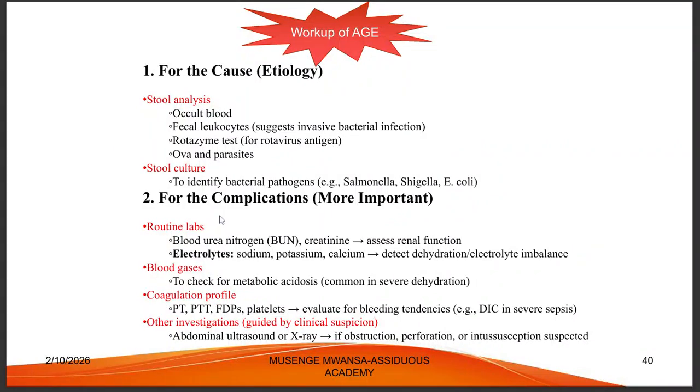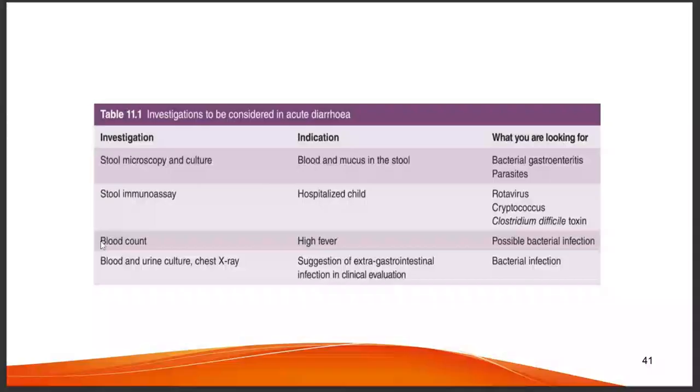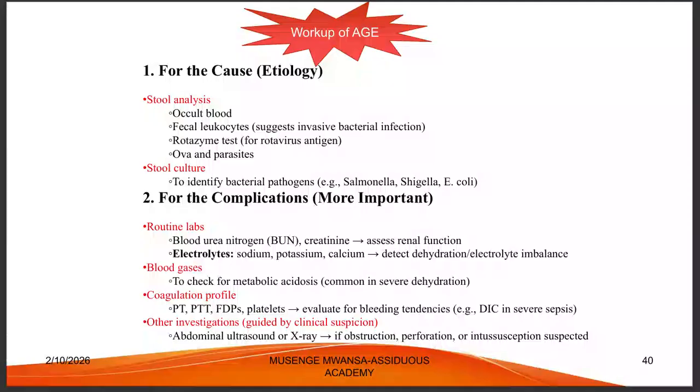For the workup investigations that you do in someone that has got acute gastroenteritis, to find out the cause, you can do a stool analysis. You can do an occult blood test. Occult means hidden, so you look in case there is hidden blood in the stool. You look at the fecal leukocytes, which can suggest an invasive bacterial infection.